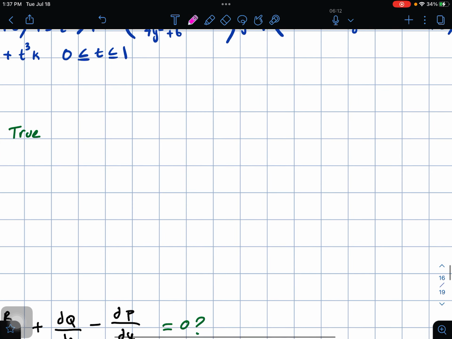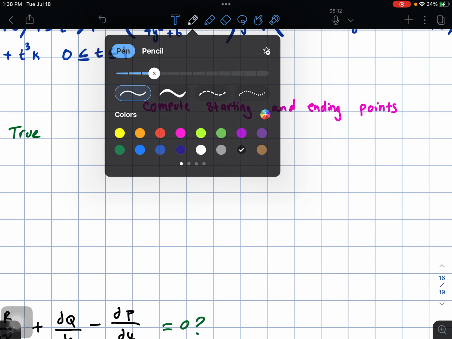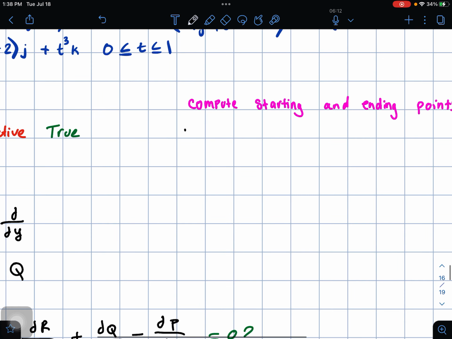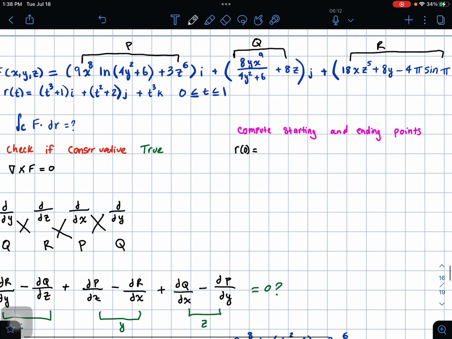Compute the starting and ending points. So let's do r at 0. r at 0 will be, it's just a parameterization as well.